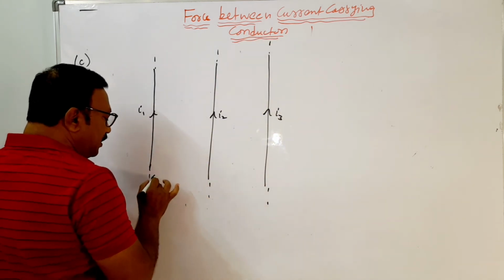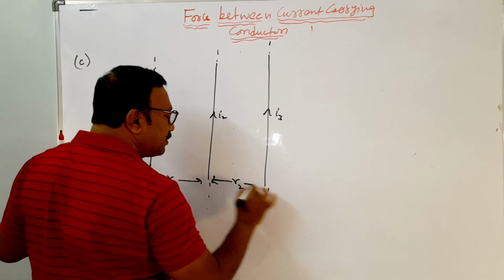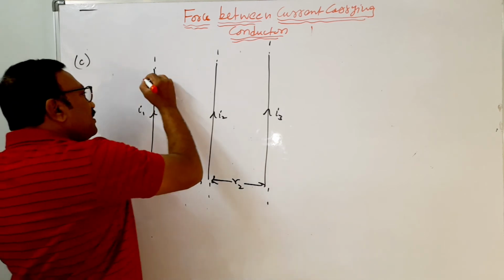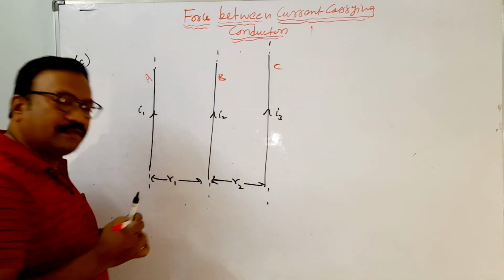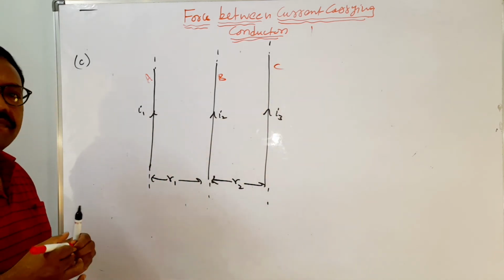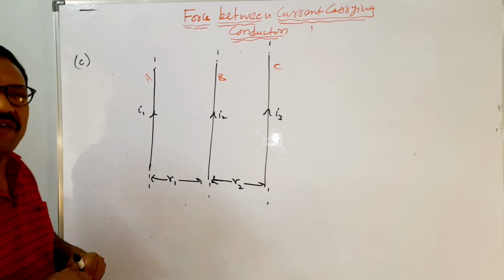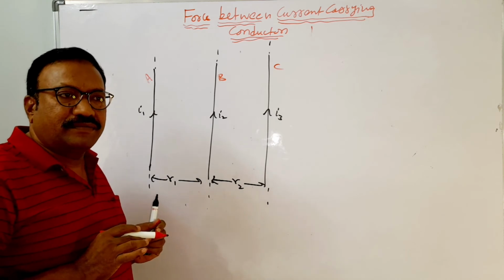This distance is R1 and this distance is R2. This wire is A, this wire is B, this wire is C. Now you are asked to calculate force on the middle wire.